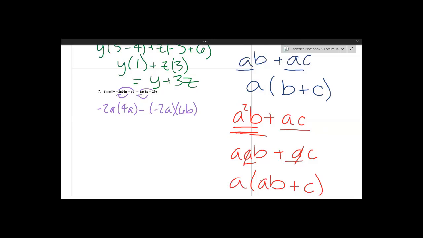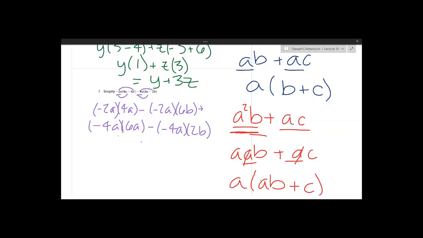And then we have minus 4a times 6a. Or, if it helps, plus a negative 4a times 6a, minus a negative 4a times 2b.